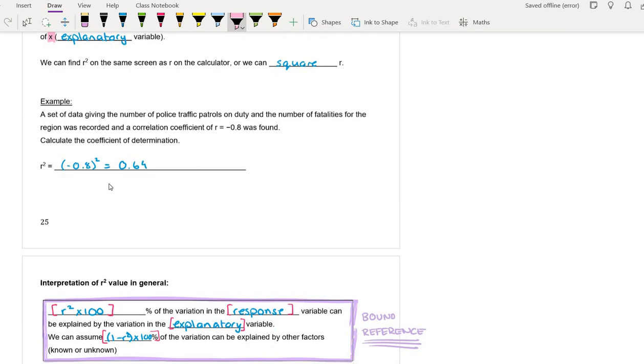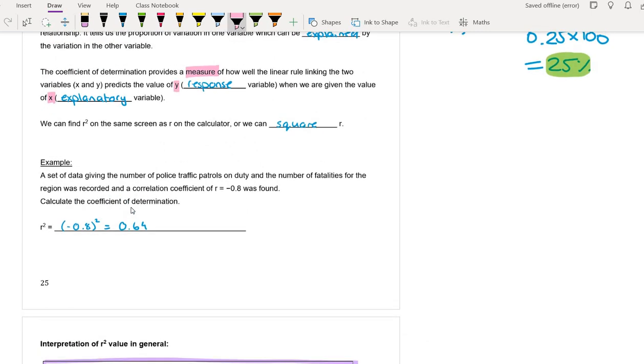The higher the R squared value is, the better the measurement for linking our RV and EV.